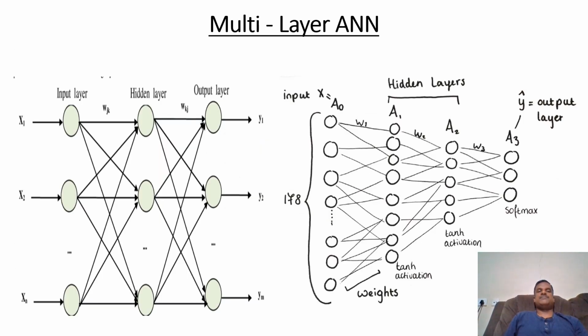Now let us come to the multi-layer ANN. Here you are seeing two diagrams. The one on my left hand side has one hidden layer, but on the other side you have two hidden layers. Whenever you go for multi-layer ANN, you can have as many layers as you like between your input layer and your output.